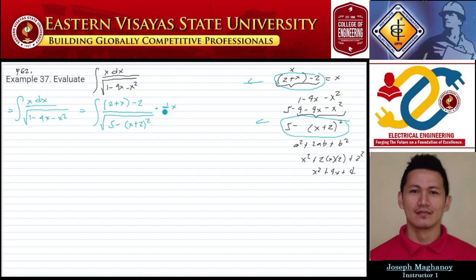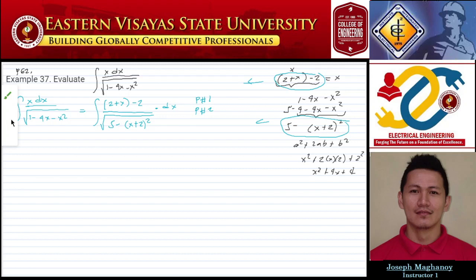Okay, same procedure with problem 36. We distribute and we break our numerator into two parts. We distribute and break using property 1, and we still use property 2.